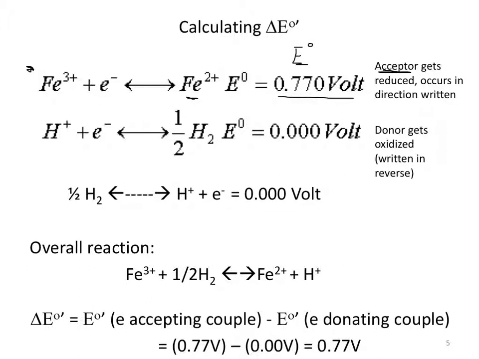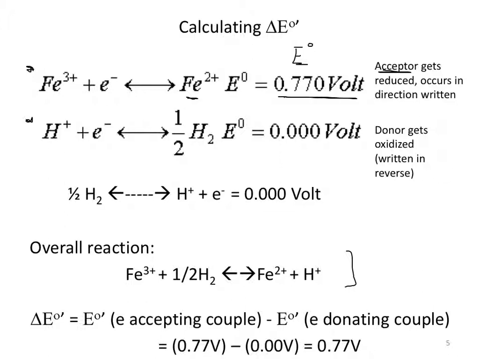These are values that you can look up in standard tables. They're found in the appendix of your text and also in the chapter on metabolism for some chemicals. Just below that is the half reaction associated with the donor, the oxidation reaction. It's written backwards from how it actually proceeds in the overall reaction down here at the bottom.